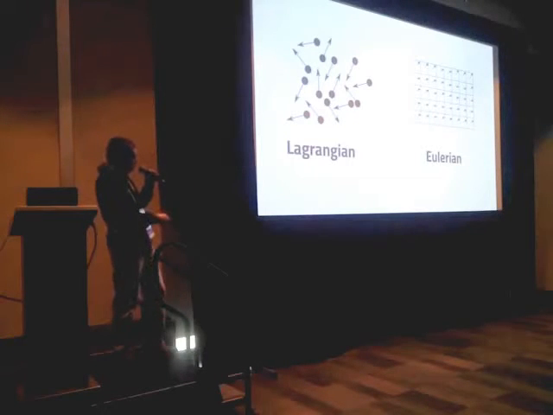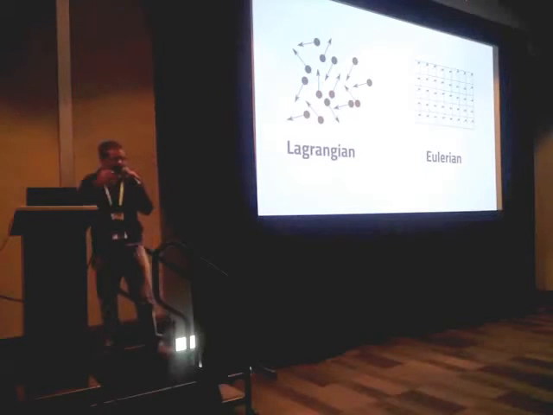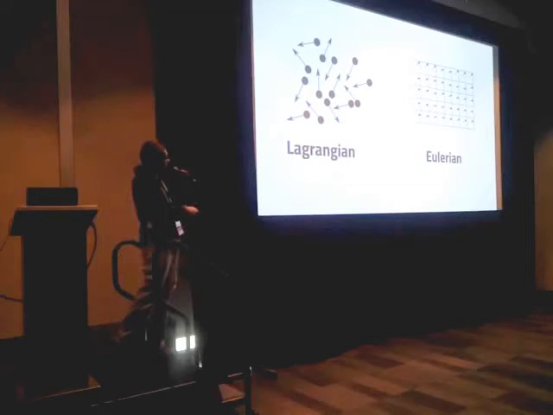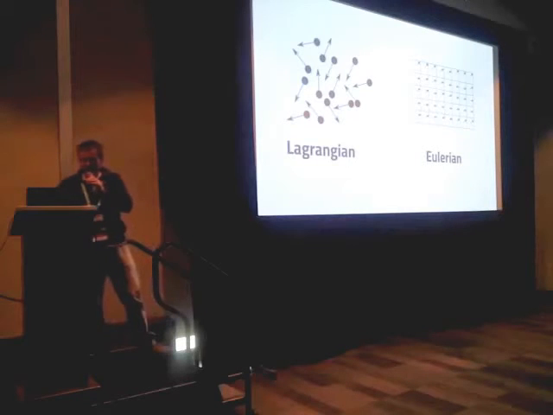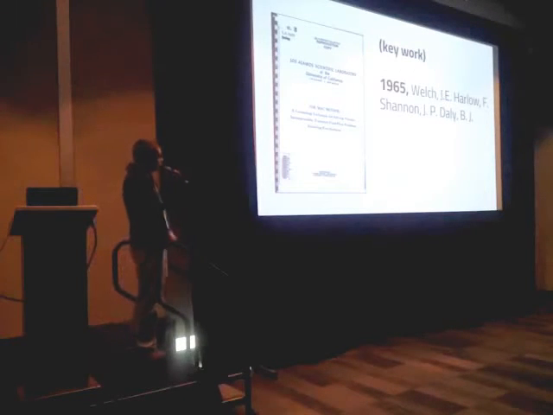And the other one is Eulerian, where we have fields of velocities and densities and pressures and everything, so that the properties of fluids are advected within the flow. And these are the two approaches. About these two, I will be talking today.